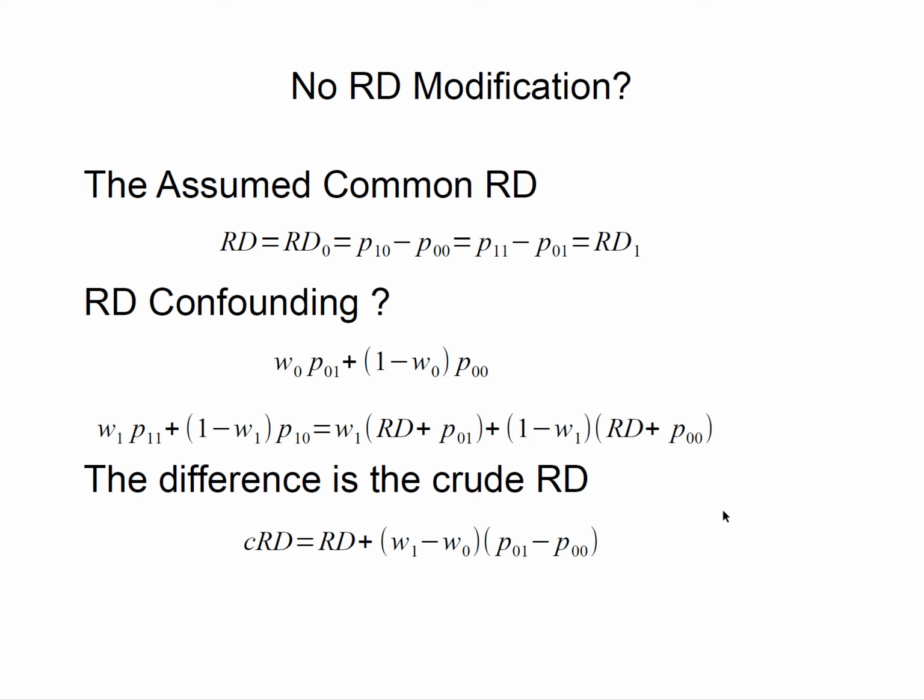In other words, we get the prerequisite for confounding: the weights must be different and the probabilities among the unexposed must be different. This can be expressed in multiple ways. So this is familiar. To have confounding, we must have that these two weights are different.